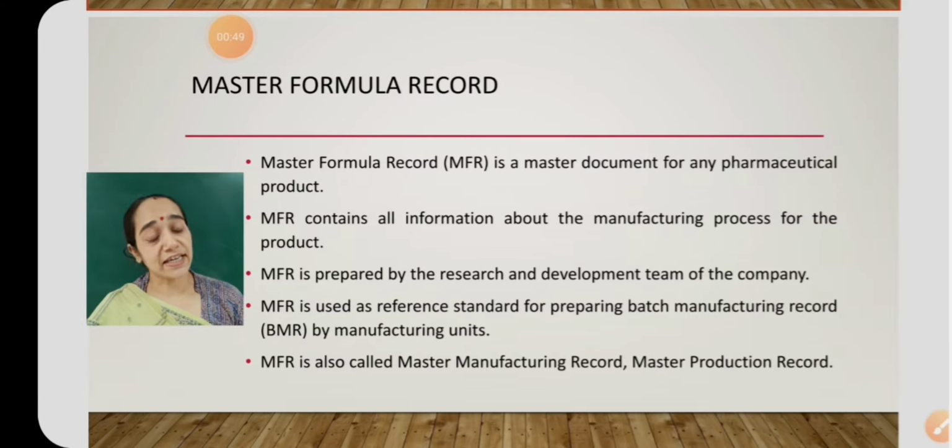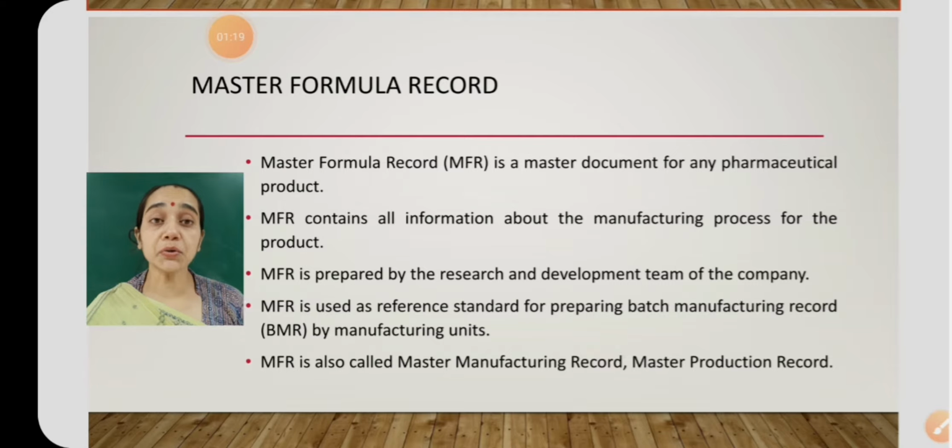Now, if the product was of good quality, and I wish to manufacture it again on another day, or I have another batch to be prepared, then what am I going to do? Then I require the same labor, the same individual who can do this kind of thing. But as that person is on leave, or the labor who worked on that day is not available, then how can I manufacture that product?